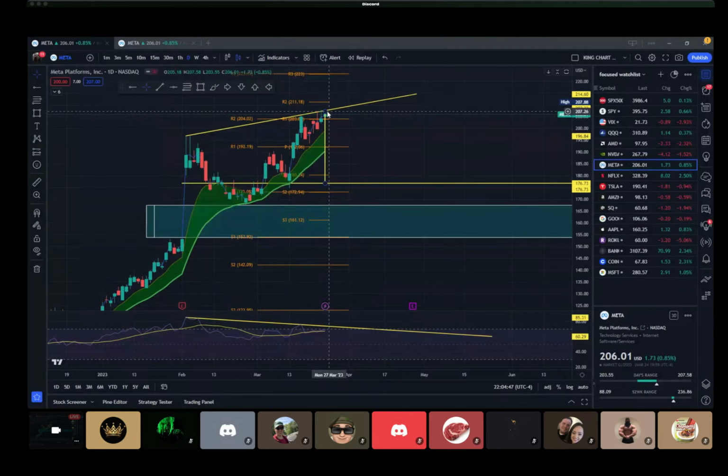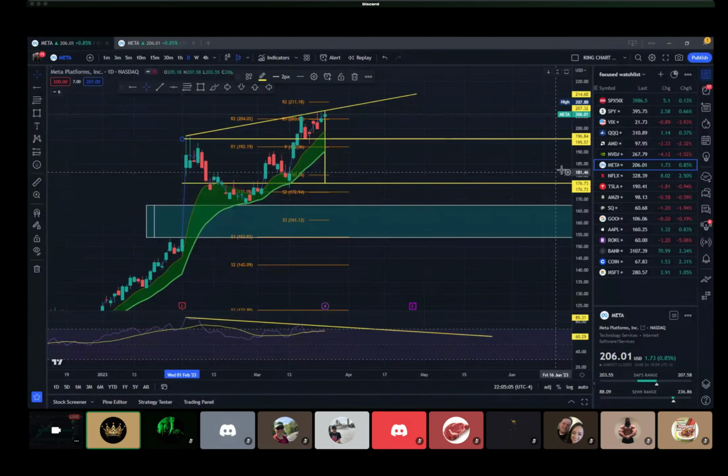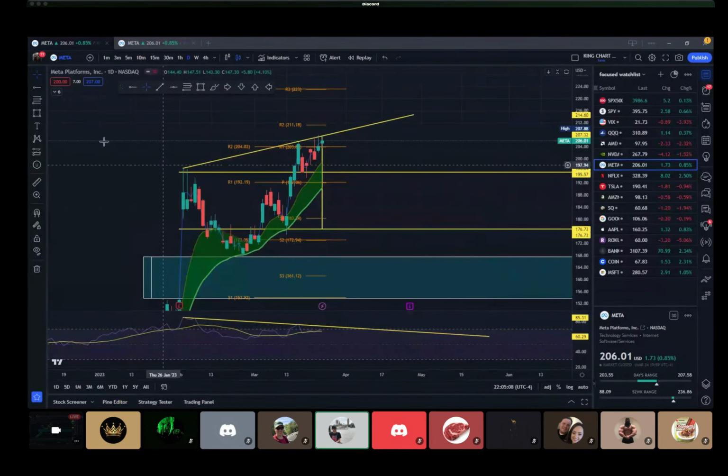Best entry here would actually be, let's say if we break below this 204.02. If we break below this 204.02, our next area of resistance would actually be at 196. So actually 2 lines there.